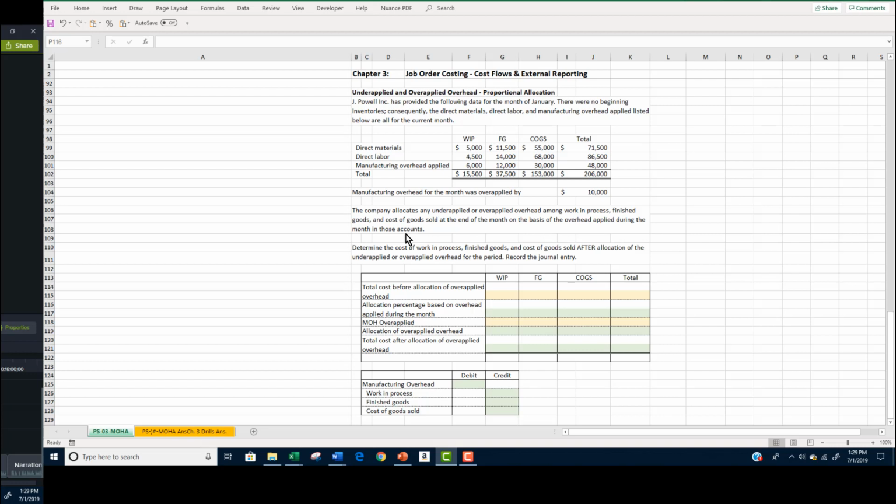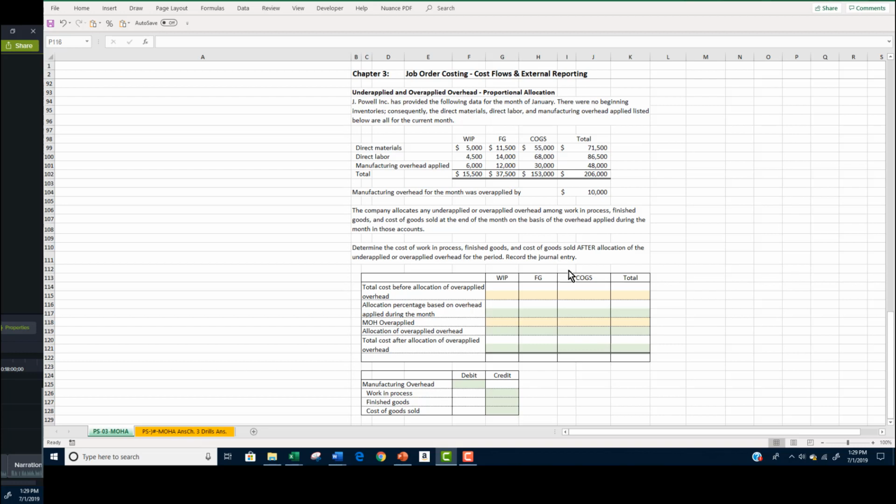We need to determine the adjusted balances for work in process, finished goods, and cost of goods sold after the allocation is completed, and then record the journal entry needed to update the account balances.